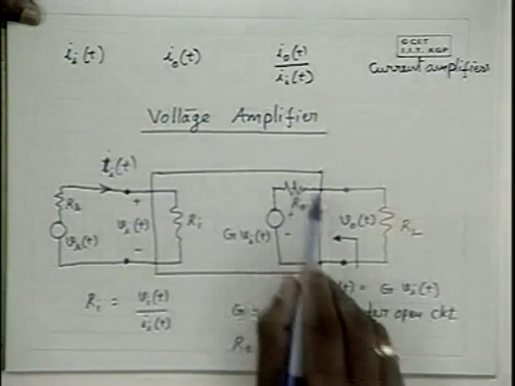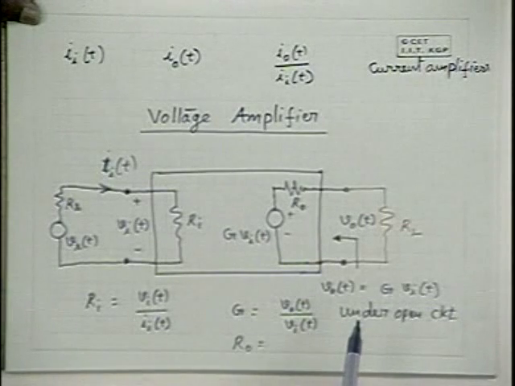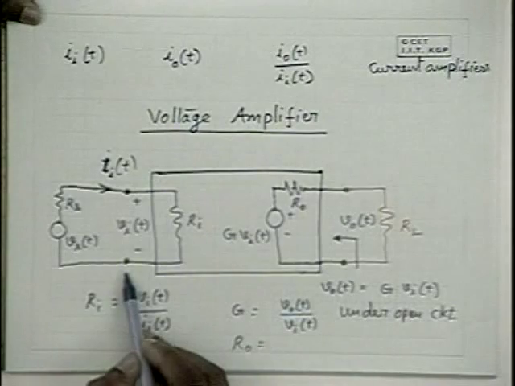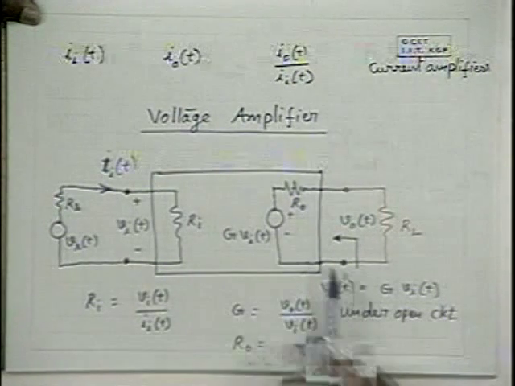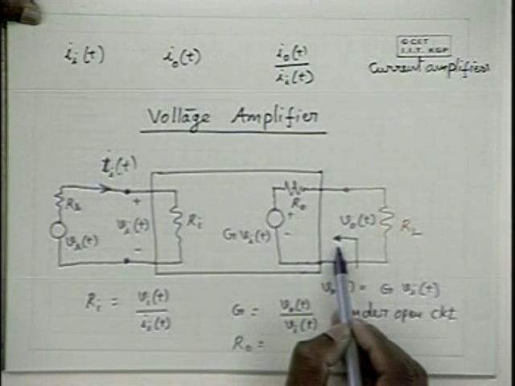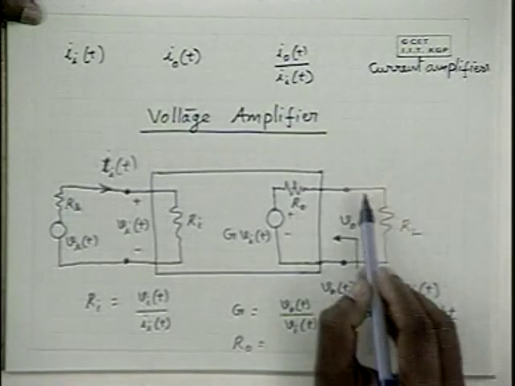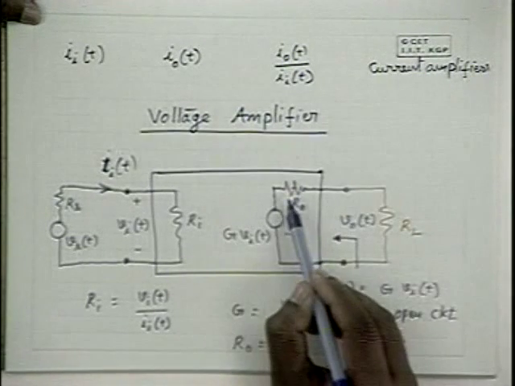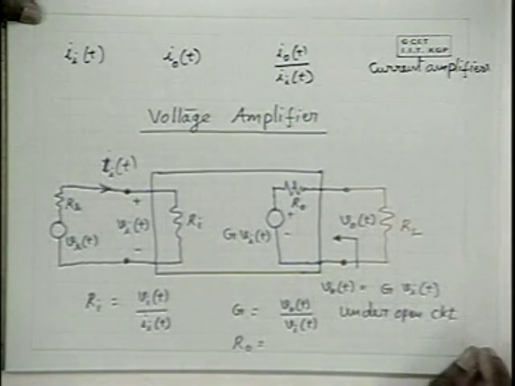So if you are given an amplifier and asked to find R0, what you have to do is short circuit the input to make this 0, then measure the impedance across the output. How do you measure it? Apply a voltage source, find the current that flows inside, so that voltage divided by the current flowing into the output terminals gives you R0.